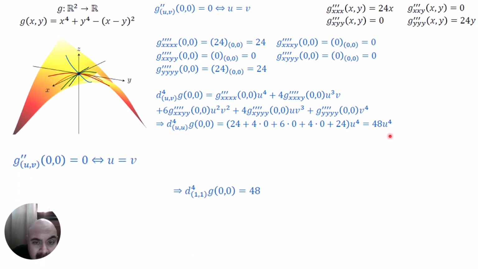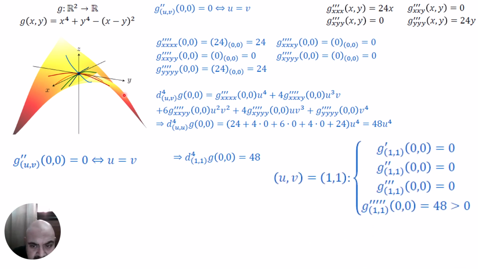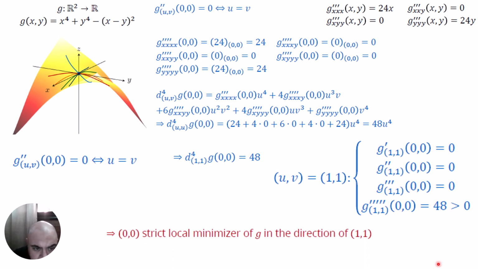And so once you start substituting, I'm sorry, that's at the point 1 and 1, or any point in the direction of x equal to y, it's going to be 48. So once you see the analysis here, at 0 and 0, I chose a point from the points in one singular direction, it's 48 greater than 0. So it is a strict local minimizer of g in the direction of 1 and 1.